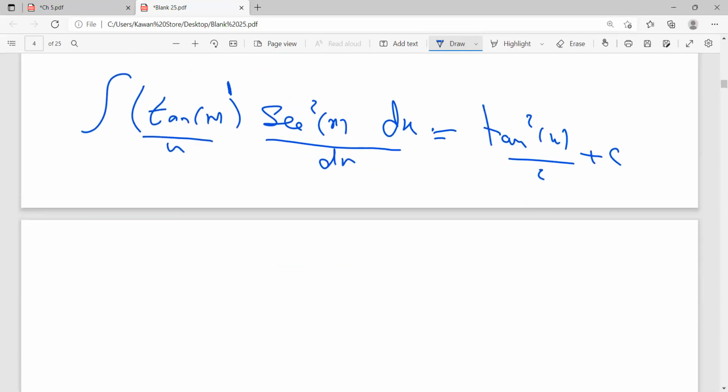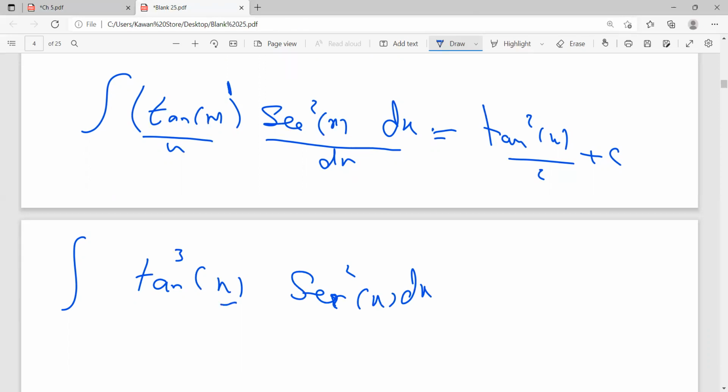Another level. If I have tan of x to the power 3 secant squared of x dx, the matter is not how many powers of tan we have. The important thing is: if I have tan, does its derivative exist or not?